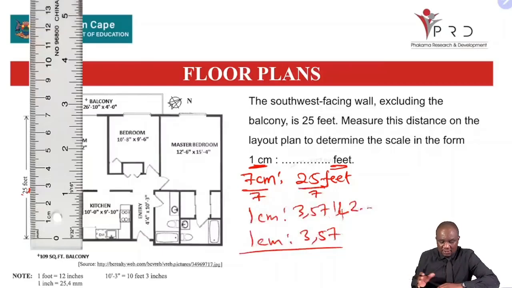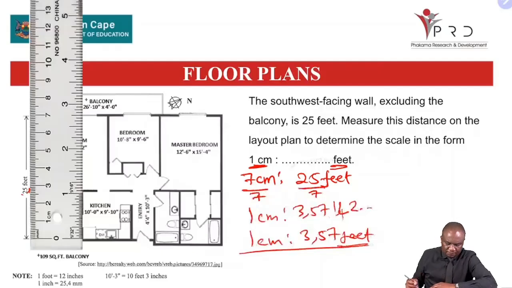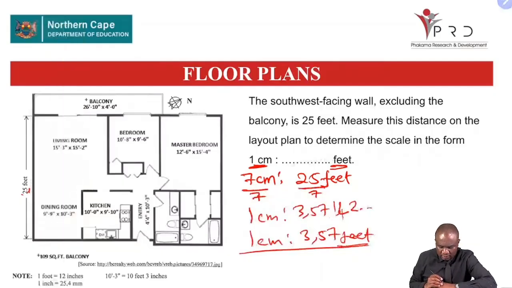Most of the time the scales use whole numbers, but you are not told anything here, so we leave it like that. If they said whole number, it would be 1 centimeter to 4 feet.